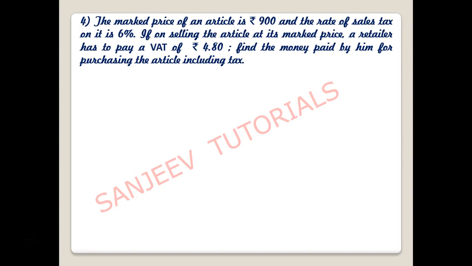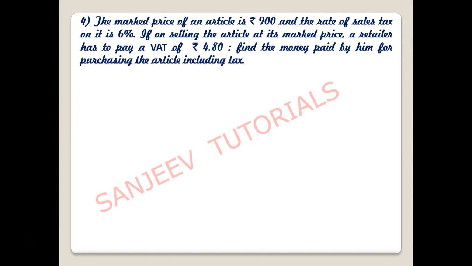Question number 4. The marked price of an article is rupees 900 and the rate of tax is 6%. If on selling the article at its marked price, a retailer has to pay a VAT of rupees 4.8, find the money paid by him for purchasing the article including tax.